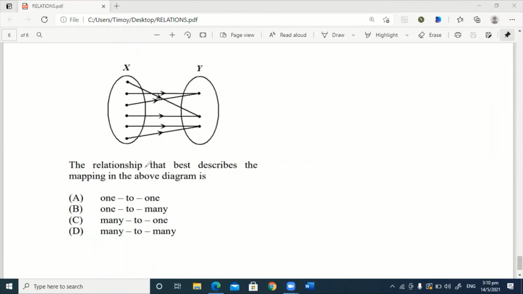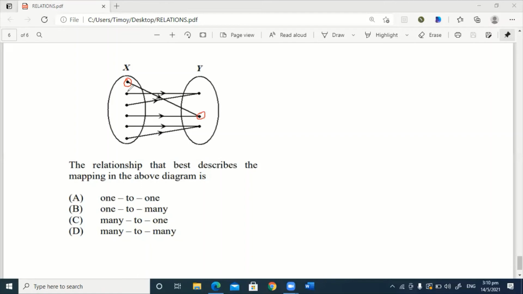The relationship that best describes the mapping in the above diagram is, these are the different relationships that we have down here. So let's look at the diagram here to see. This point here is mapped onto this point down here, right?